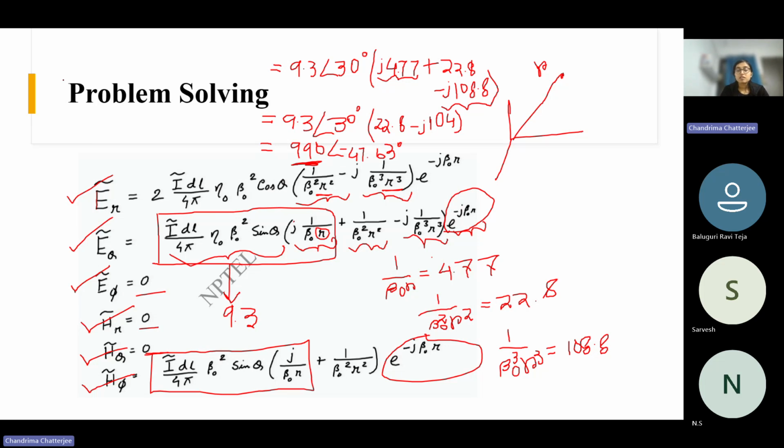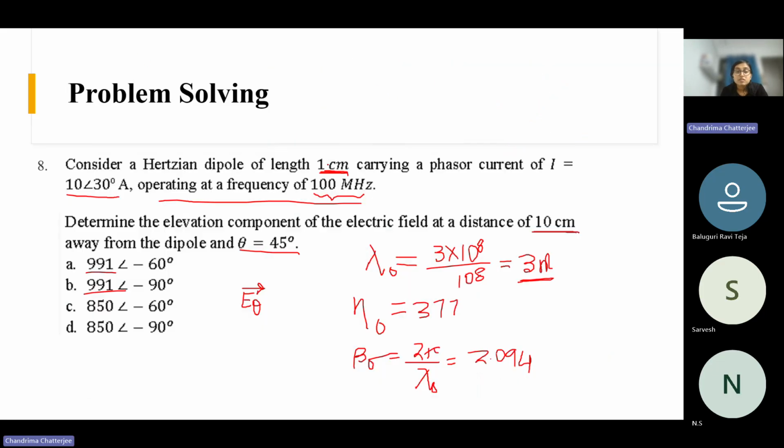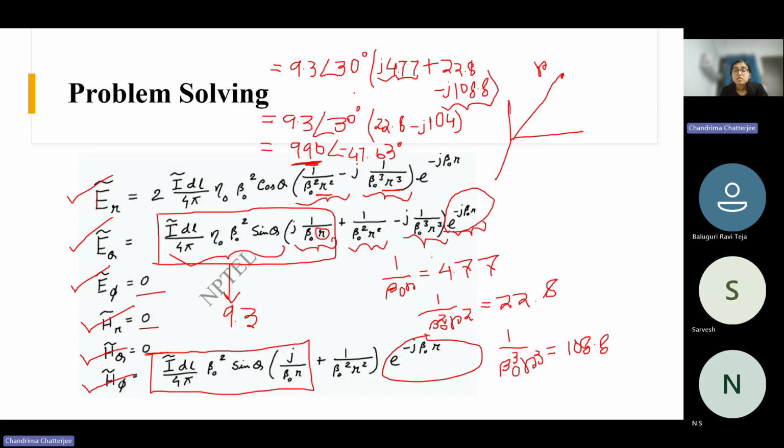And here we have minus, hopefully it is correct. Okay. So this is minus 47.63, right? So minus 47.63.